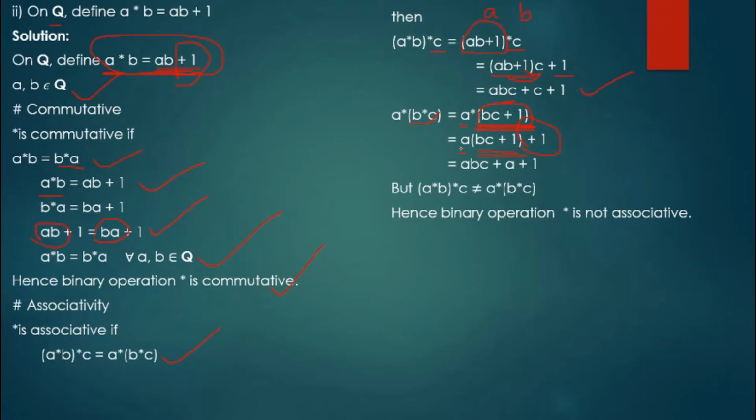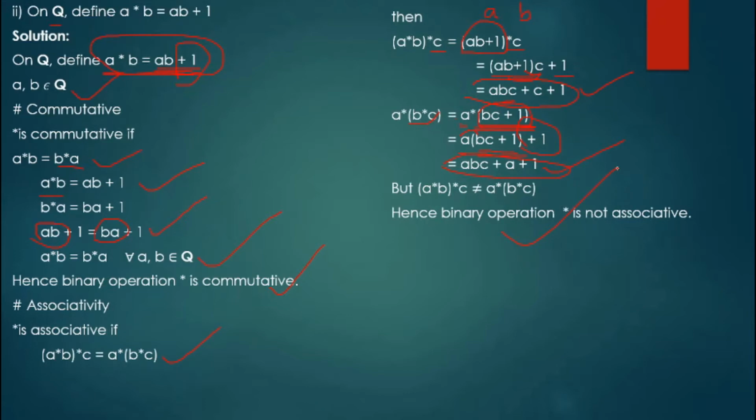Again I'll bring A inside the bracket, that is multiply. I get ABC plus A plus 1. Is our LHS equal to RHS? No. Again, (A star B) star C is not equal to A star (B star C). So hence the binary operation is not associative.